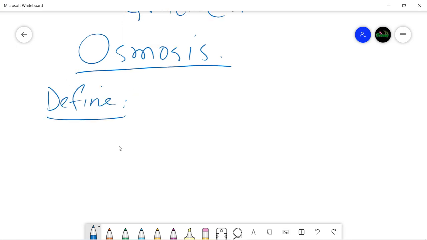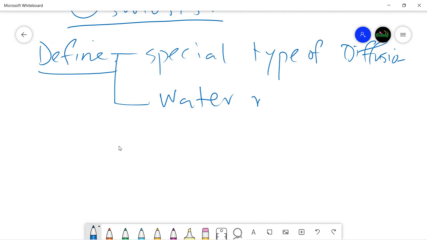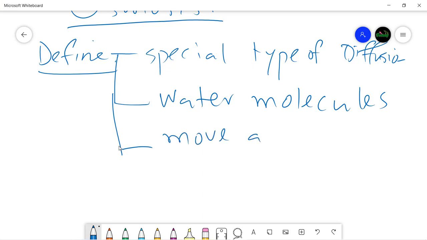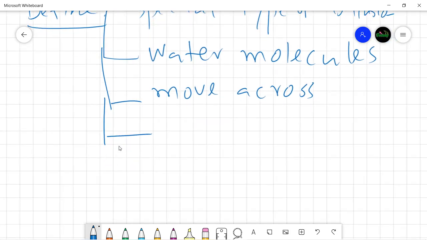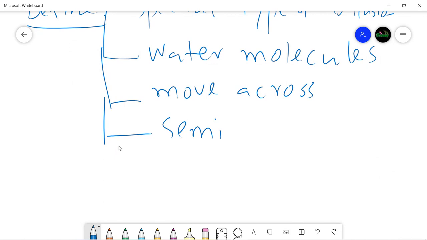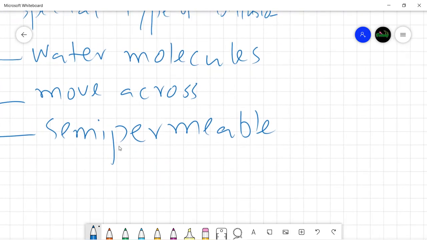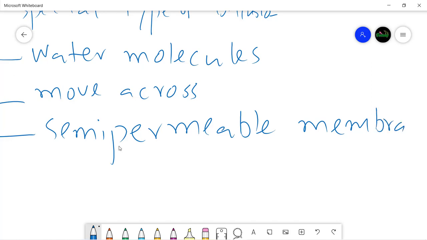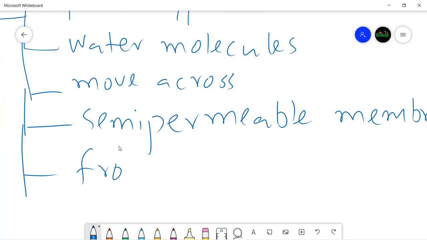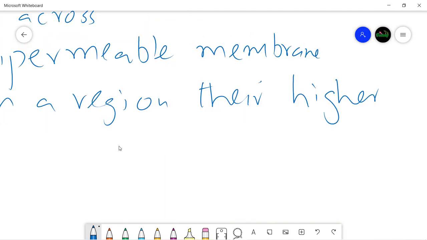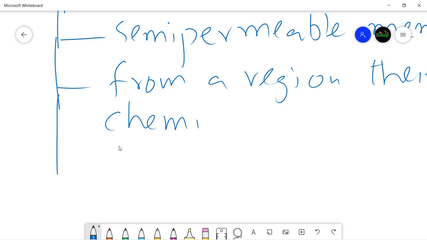Osmosis is basically a diffusion. Osmosis is a special type of diffusion in which water molecules, that is the molecules of the solvent, move across a semi-permeable membrane, a differentially permeable membrane or selectively permeable membrane, from a region of their higher chemical potential, a concept with which we are quite familiar now.